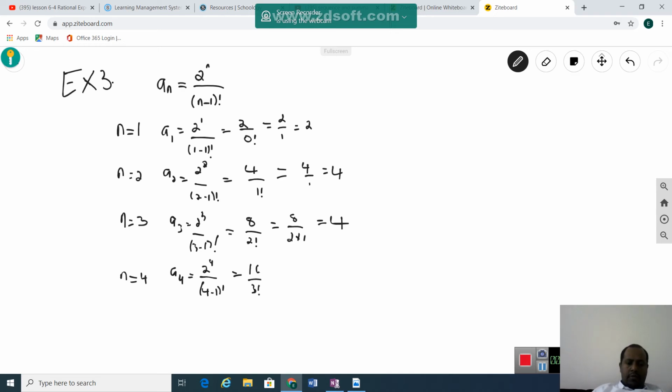And as we know, 3 factorial is 3 times 2 times 1, which is going to be 6. 16 over 6 simplifies to 8 over 3. So this is our fourth term.